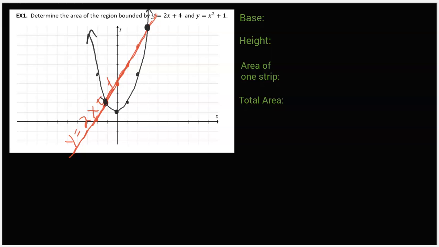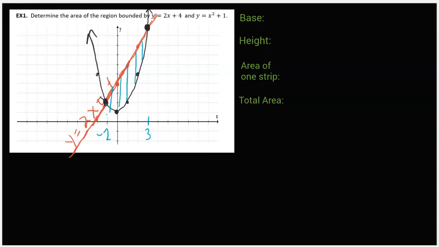We are looking at the region in between these two curves, and it looks like we have vertical strips here, and that will be like that, right? And we are talking about this intersection right here at -1 and at 3. So that was your a and your b from the previous video, right?